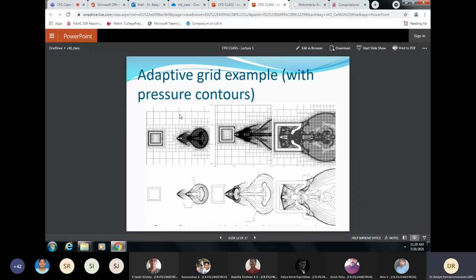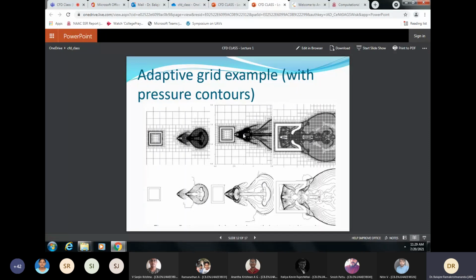They expect that there'll be more happening here. So they have put a little bit more number of grid points there, and outside they have less number of grid points. Then after some time, they look at how the flow is changing and change the grids.